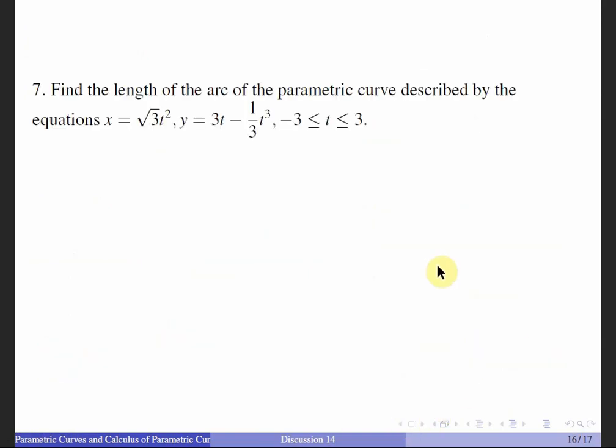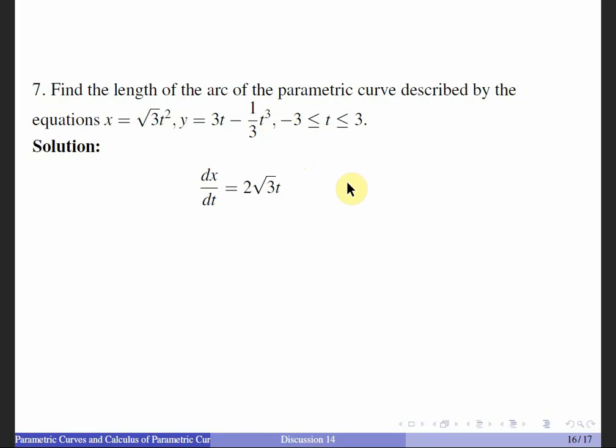Okay, so for the last item, find the length of the arc of the parametric curve described by the equations x is equal to square root of 3 t squared, y is equal to 3t minus 1/3 t cubed in the interval negative 3 to 3 inclusive. Okay, so again, let's derive.